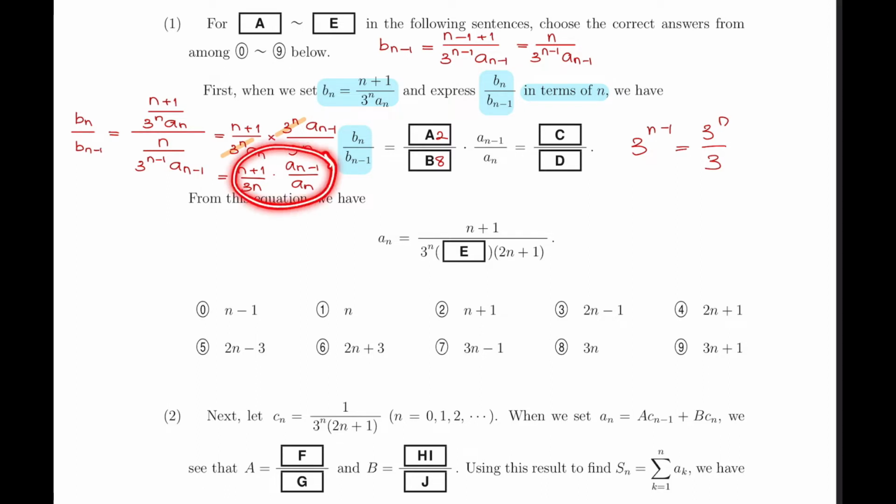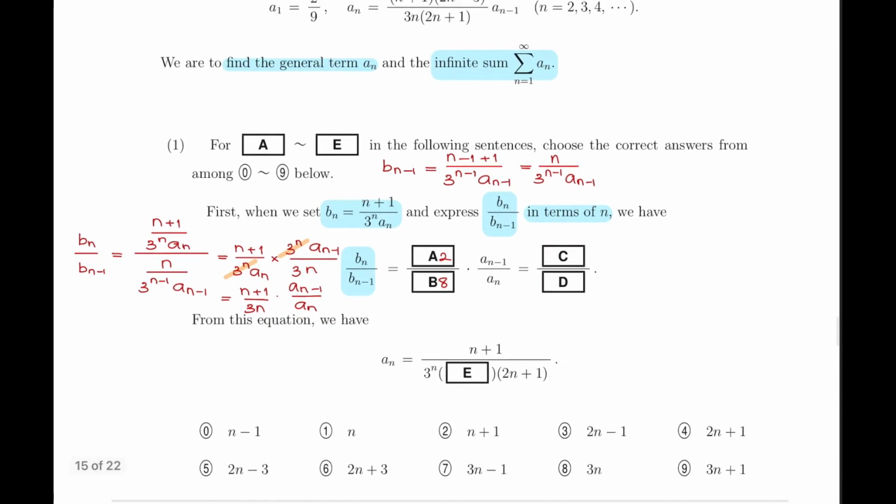And this expression can be changed into a new expression: (n plus 1) over 3n times a(n minus 1) over an equals something. The idea is that I have to change a(n minus 1) over an here, so that we will obtain the final answers. What is a(n minus 1) over an? You can see from our equations above.